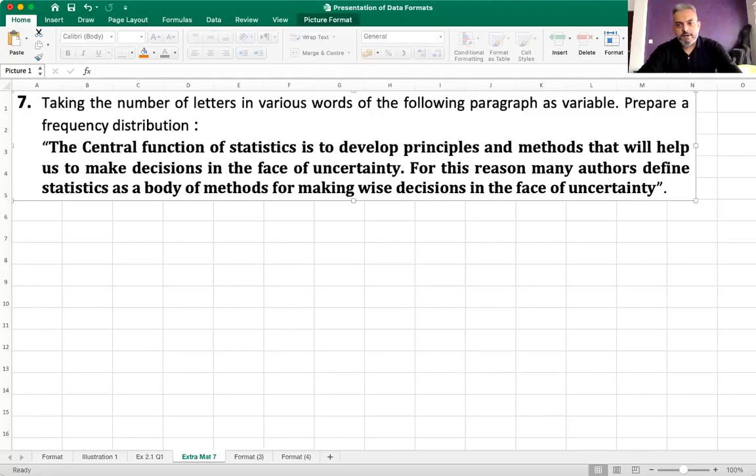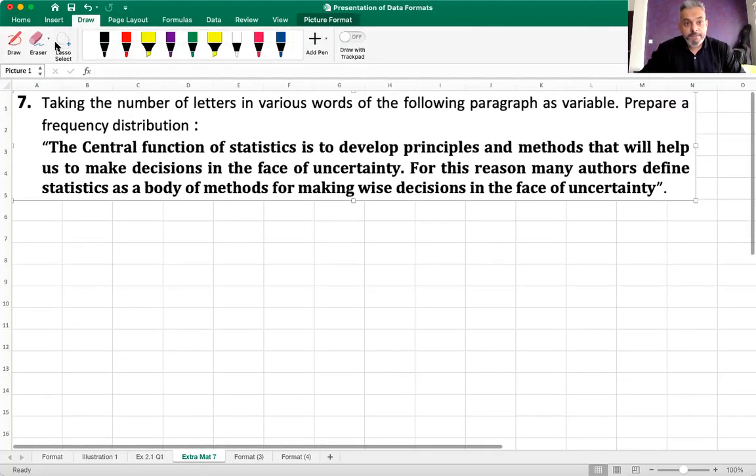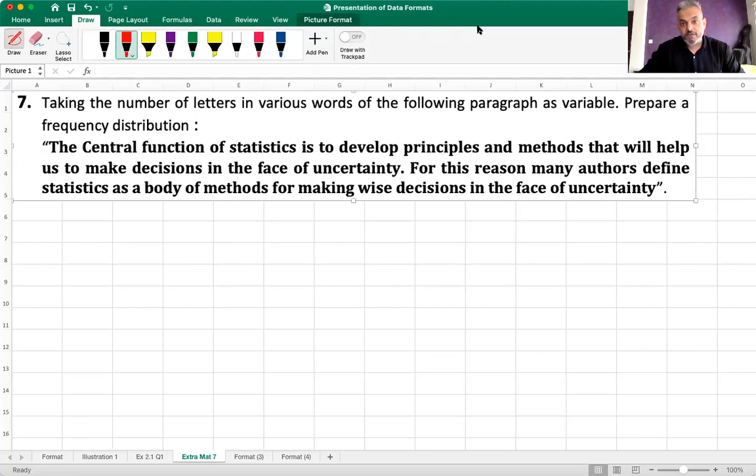Now question number 7, from extra material. First we need to read the question properly and then understand it. Taking the number of letters in various words of the following paragraph as variable, prepare a frequency distribution.